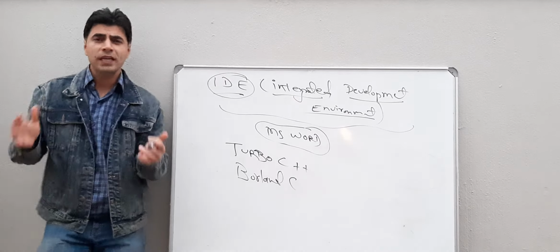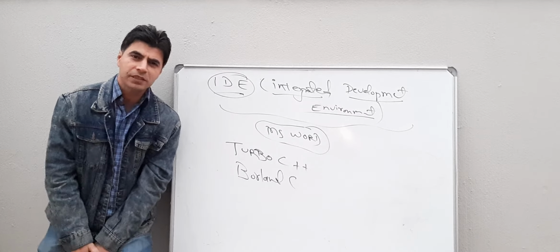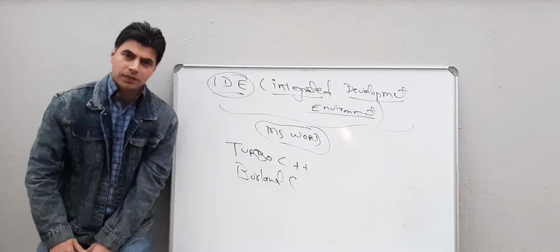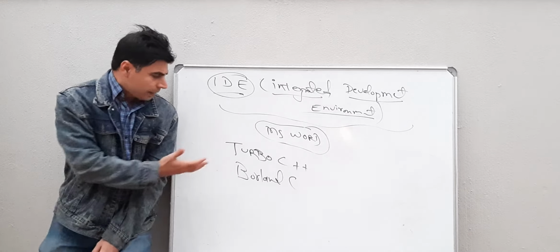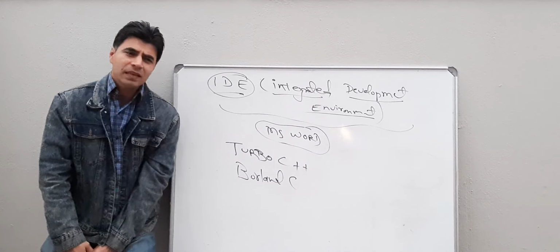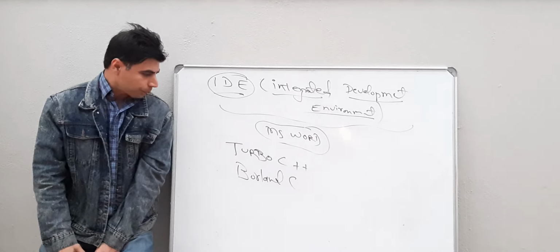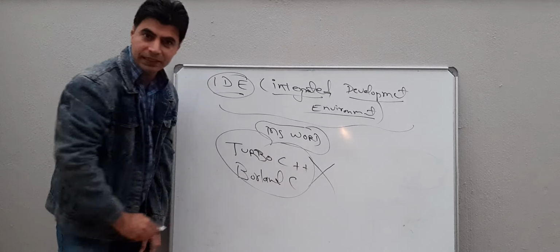Still today, in universities and colleges, professors are teaching using Turbo C++ because it is very good for educational purposes. They were built a long time ago, maybe plus minus the 1970s. Unfortunately, both of them were discontinued.